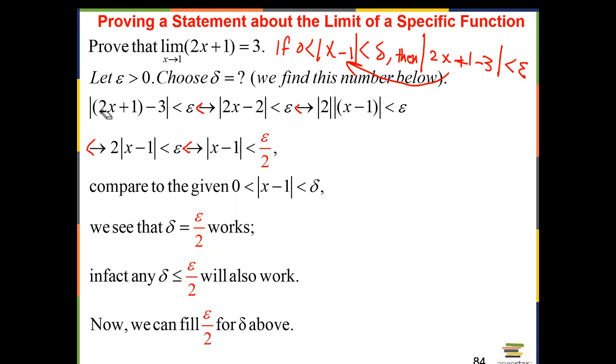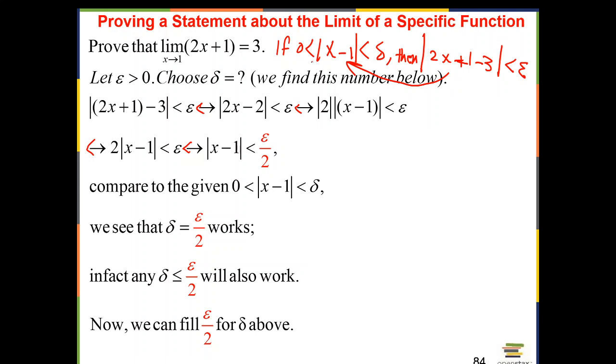So if absolute value of 2x plus 1 minus 3 is less than epsilon, then if we simplify, absolute value of 2x minus 2 is less than epsilon. Then we know that we can factor the 2 out. So we have 2 times absolute value of x minus 1 is less than epsilon.